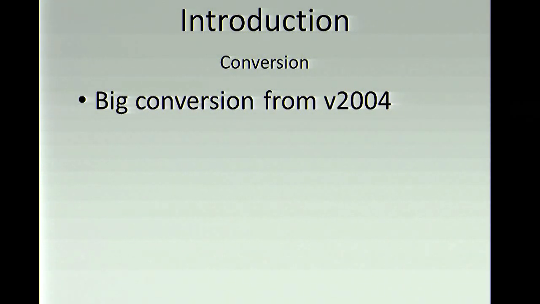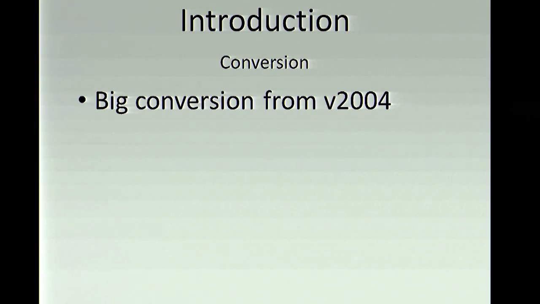At first, if you convert your database from 2004 or older versions, this is a so-called big conversion. Why a big conversion? Because with v11, the whole database kernel and the database engine is written new. And so all that comes from older versions from 2004 or before is a big conversion.